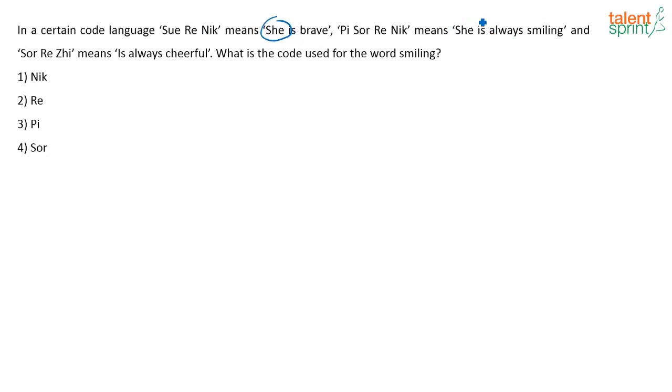This "she is" is there here and here also. So the common codes that are there in both of these places are NIK and RE. So NIK and RE, that means "she is" is coded as RENIK. Yes. Now we have to find out what is the code for smiling.